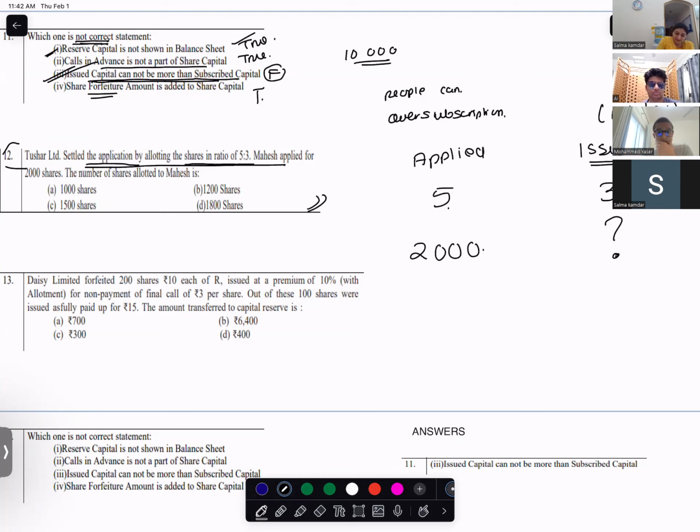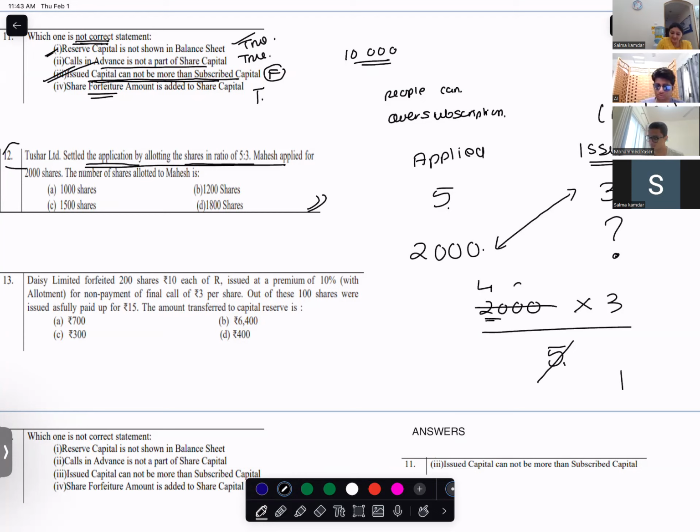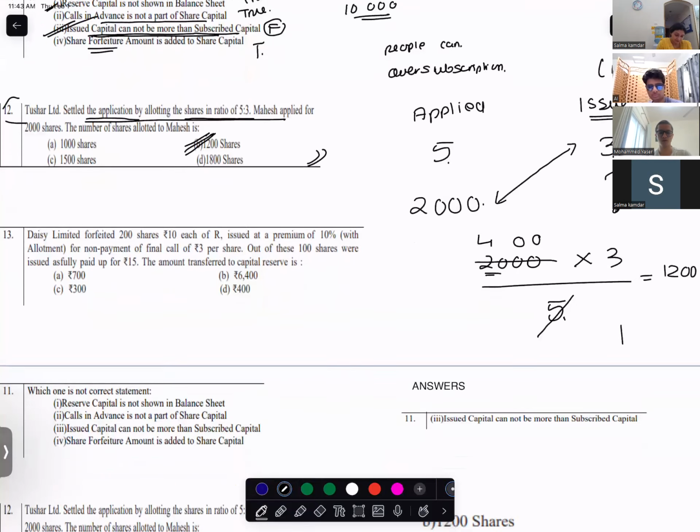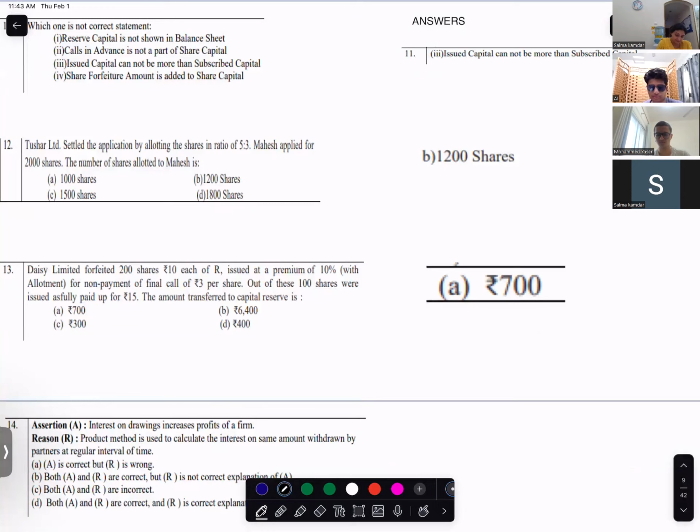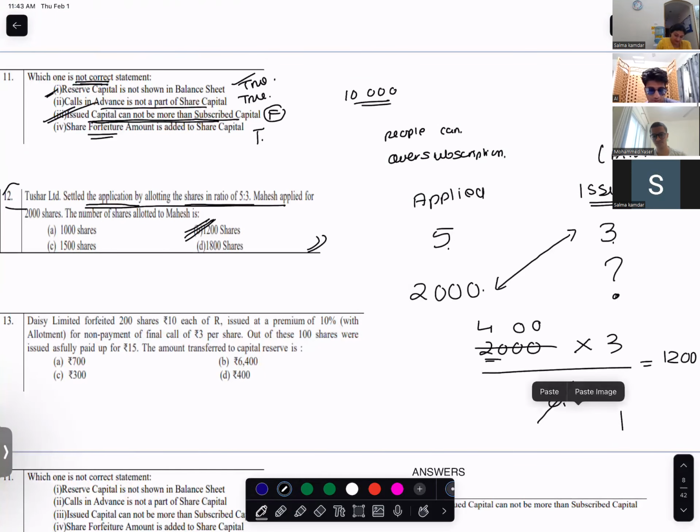So I will cross multiply: 2000 into 3 by 5. 2000 into 3 is 6,000. 6,000 divided by 5 is 1,200. You have to do the calculation properly. So 1,200 shares have been allotted to Mahesh.